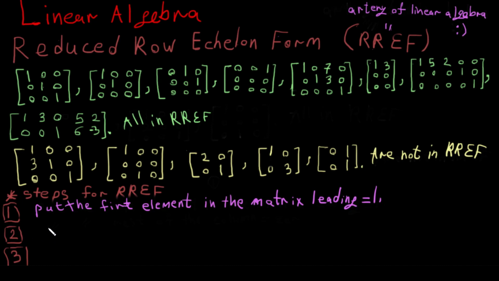I will explain it more later. The second one: put the rest of the column equal to zeros. For example, here is the leading one, and the rest of the column equals 0.